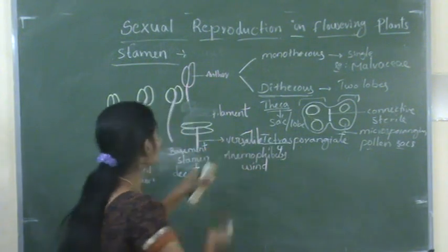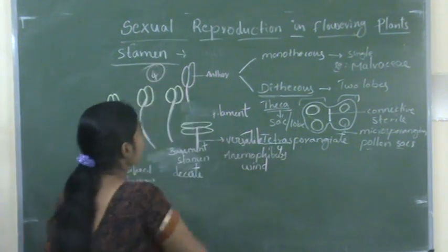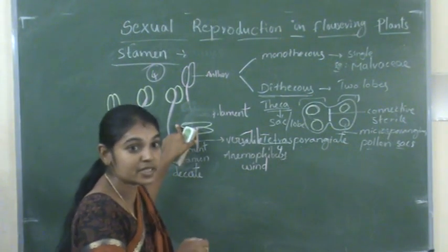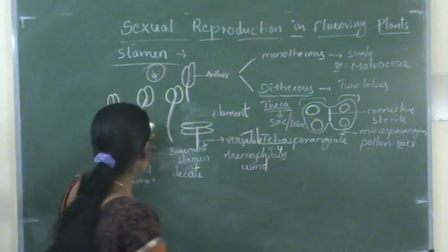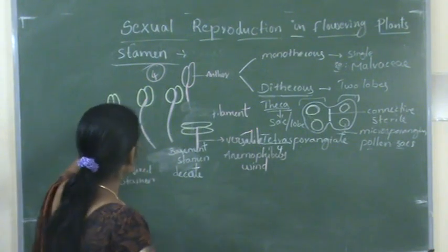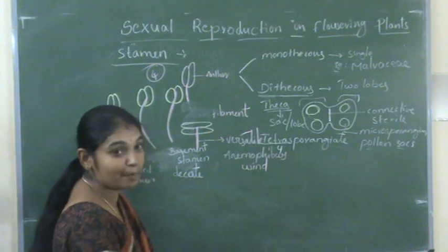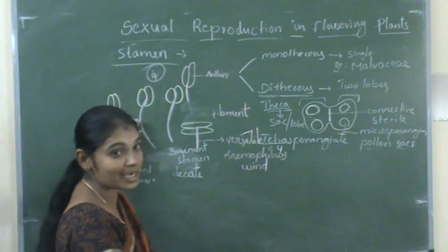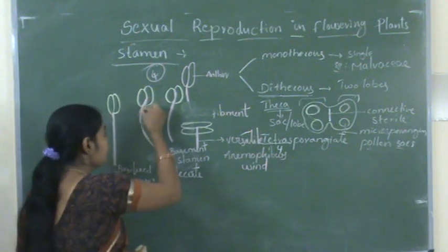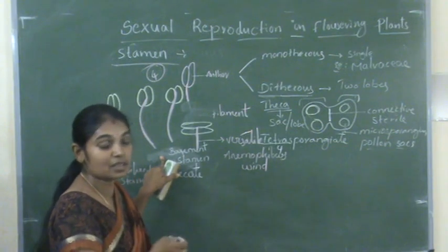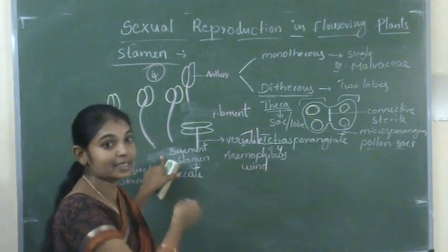So there are 4 different types of stamens on the basis of how the filament is attached to the anther. One is basifixed stamen, where the filament is attached at the base of the anther. Another is dorsifixed, where the filament is attached on the dorsal side.